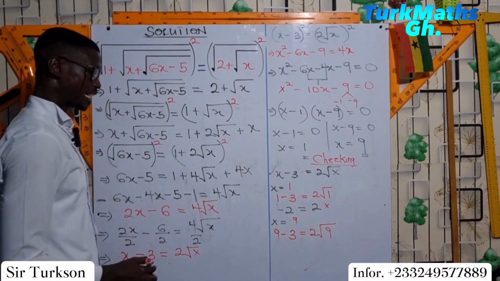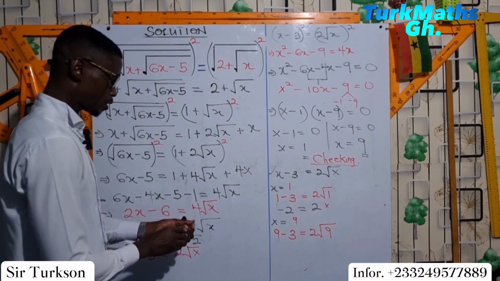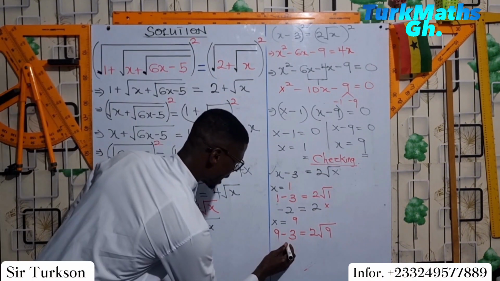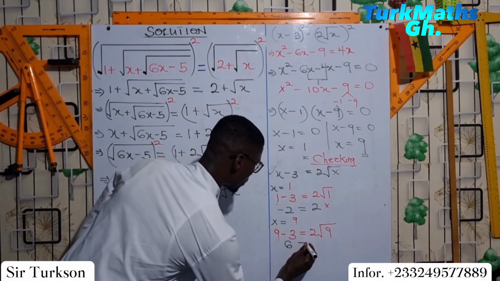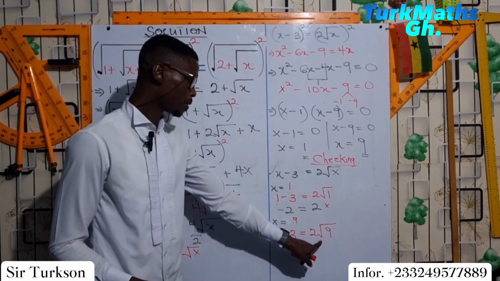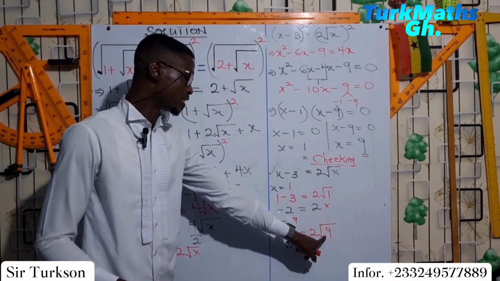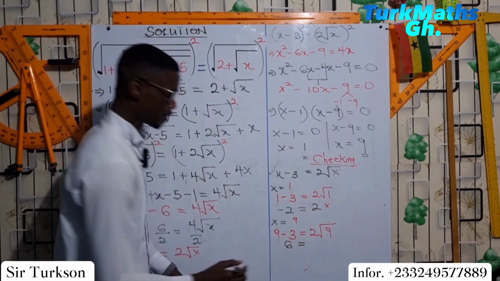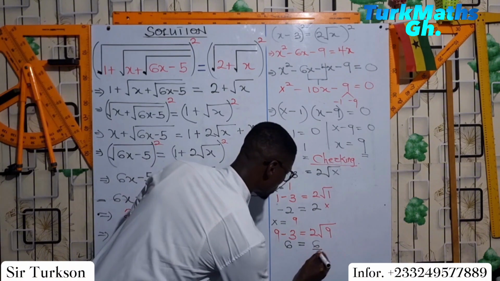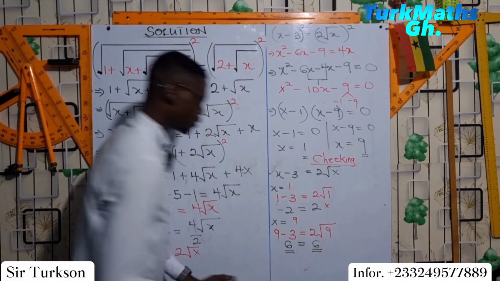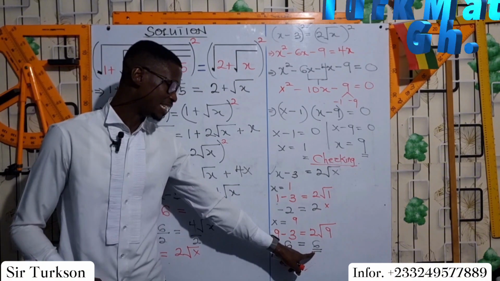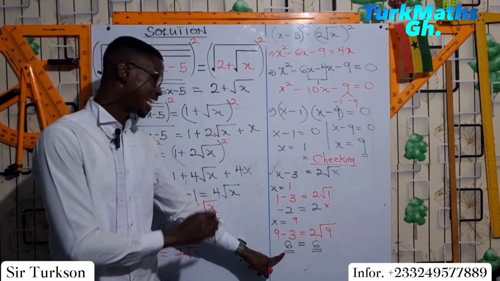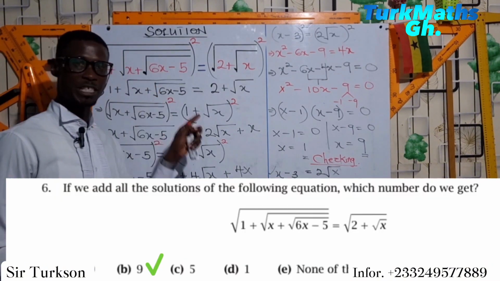So we have plugged in the 9. What will happen here? 9 minus 3 will give us 6. So we have 6 equals to, now here root 9 will give us 3. 3 times 2 will give us 6. Wow. So you realize that the right hand side is equal to the left hand side. So 9 has satisfied the equation here.